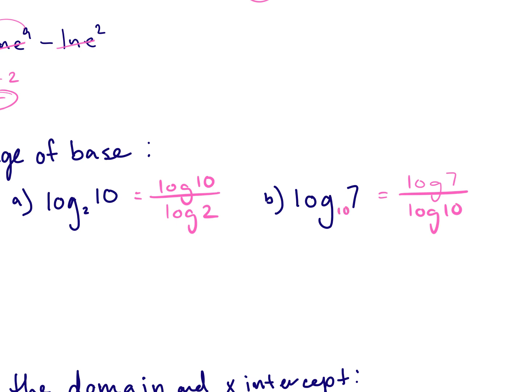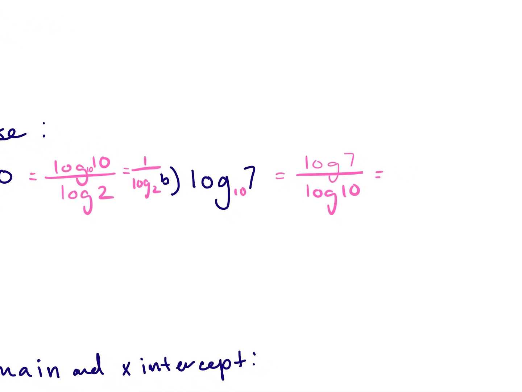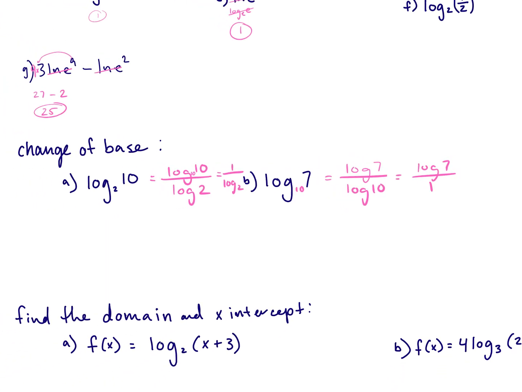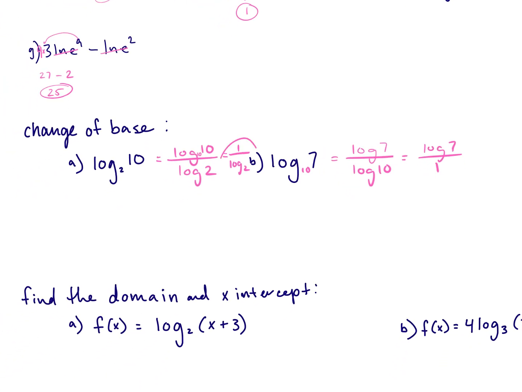What is log of 10? 1, awesome, because our implied base here would be 10. So log base 10 of 10 would be 1 over log of 2. And this one would be log of 7 over 1. So that's as simplified as we can go there.